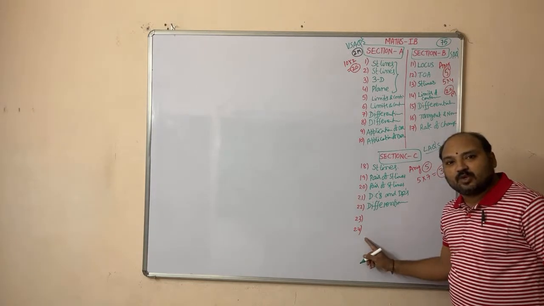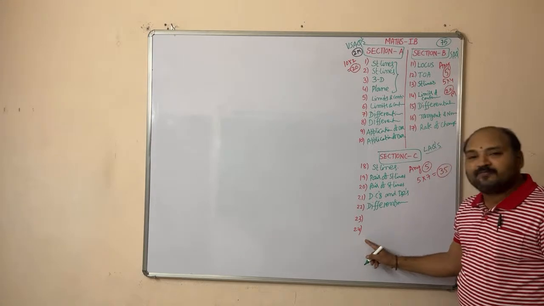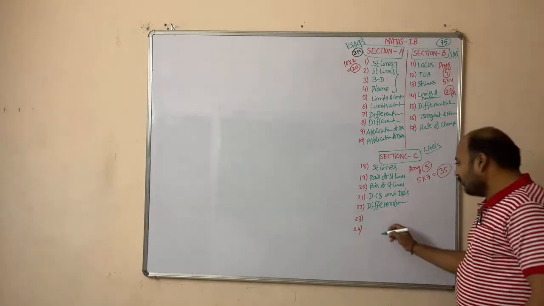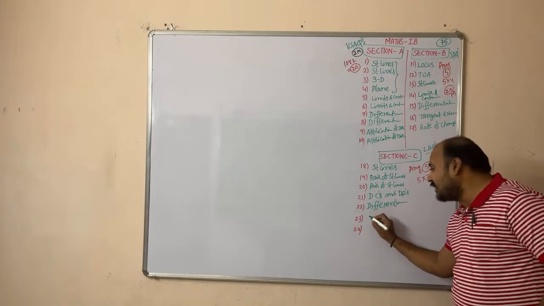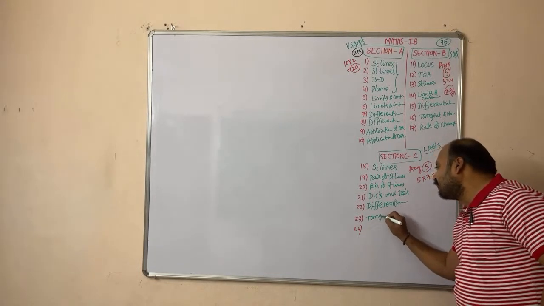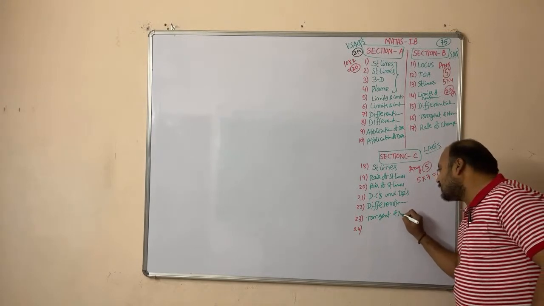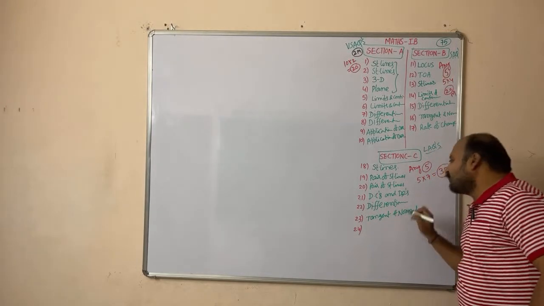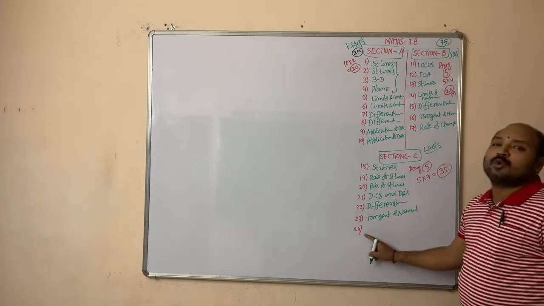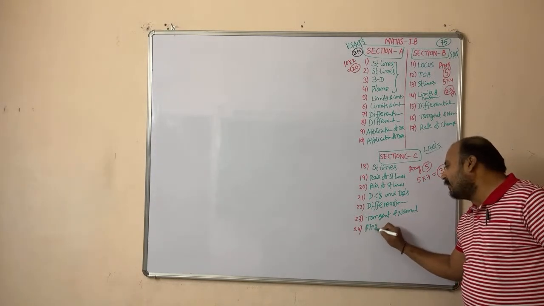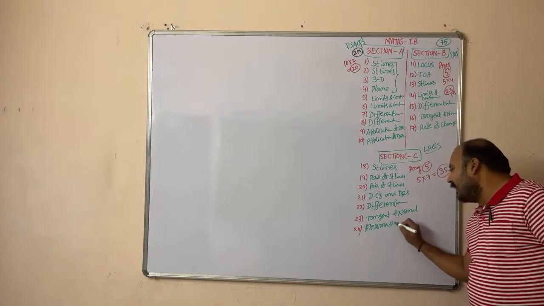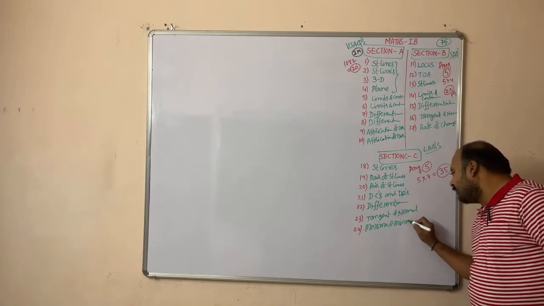Question number 23 is from tangents and normals. Question number 24, 90% possibility from maxima and minima.